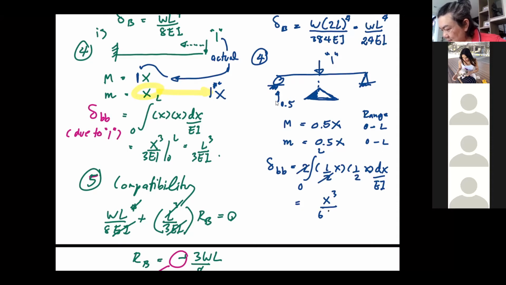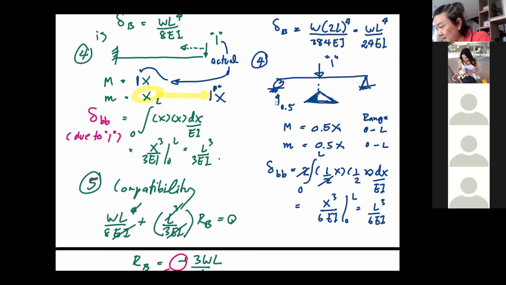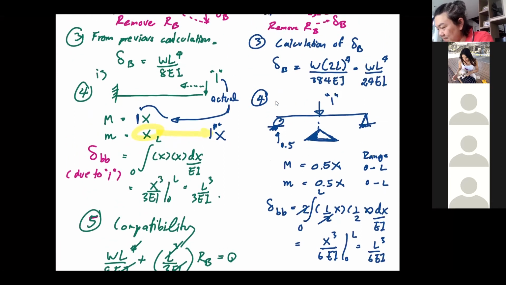That's 6 EI from 0 to L. Okay, and this means equal to L cubed over 6 EI. I forgot this, right? 5 here.